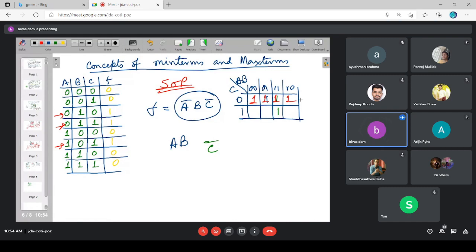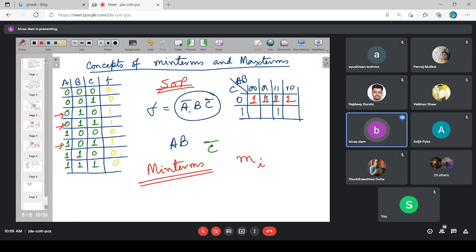That's why they are termed as min terms, and they are designated by M I. Now, what is this I? The I is the decimal equivalent value of the corresponding input combination.